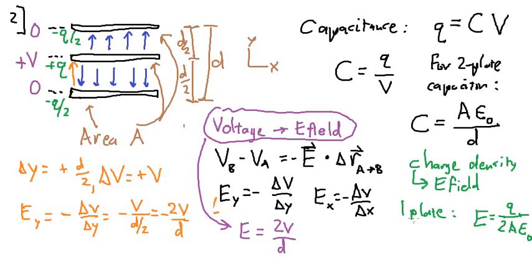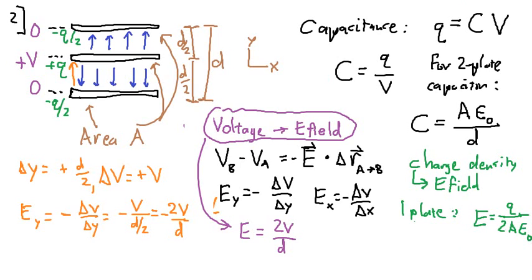Now, if we have just one plate with charge on it, then the electric field generated by that charge near the plate, and we're talking about near the plate for all the things here, is going to be Q over 2 times the plate area, so 2 times A times epsilon naught.